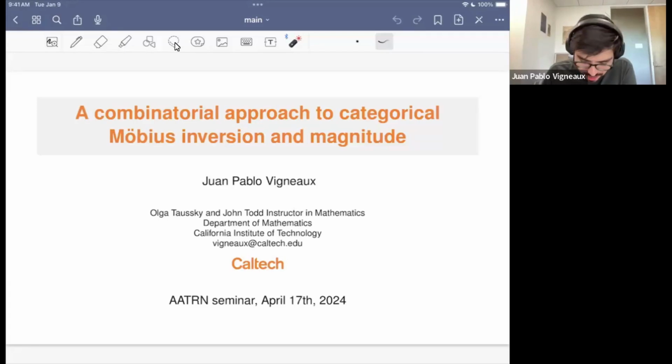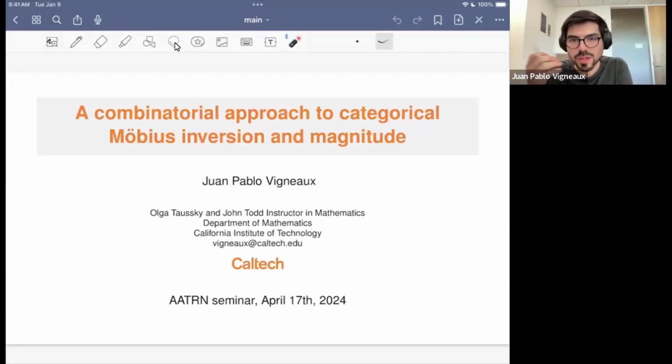So the subject is around magnitude, which I think is something that has attracted increasing attention among people interested both in topology and category theory, or geometry more generally, because of some very rich connections with, on one side, metric geometry, and on the other side, homology.